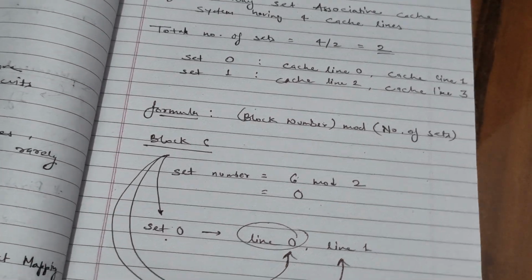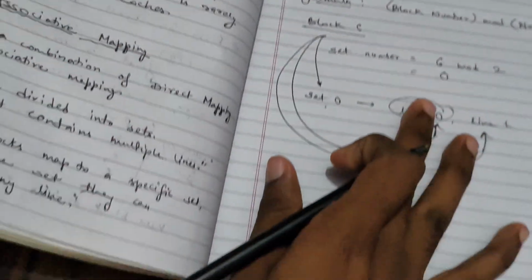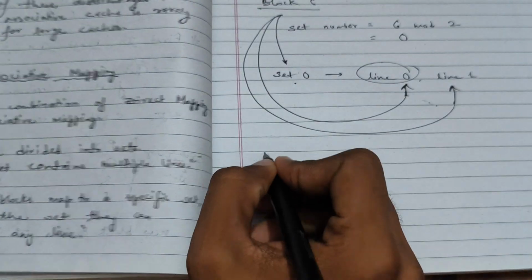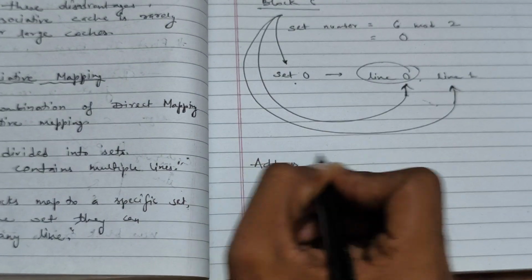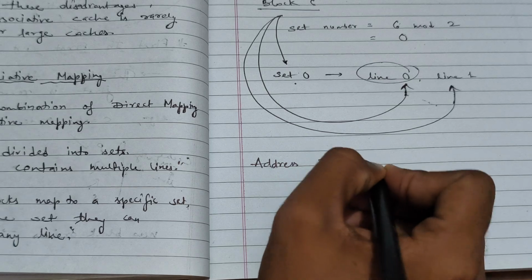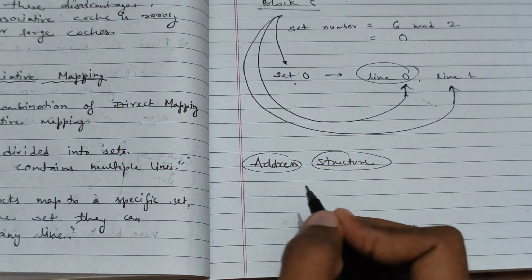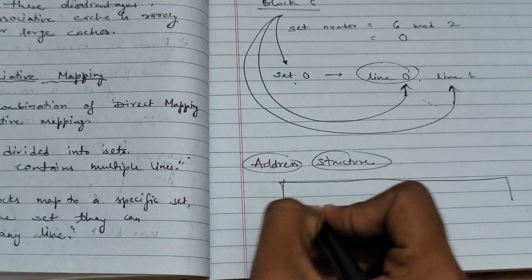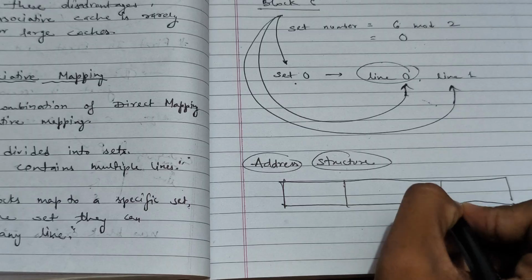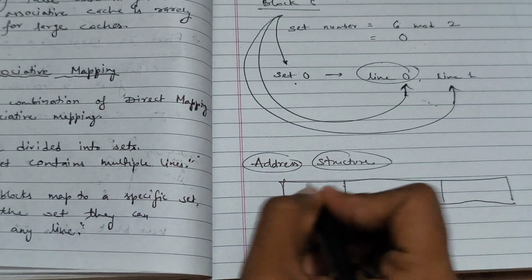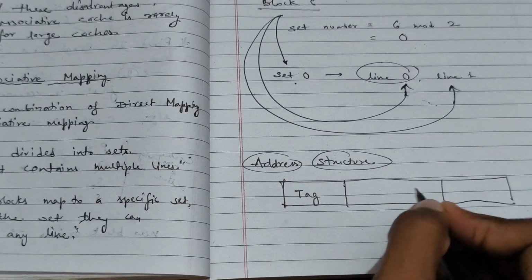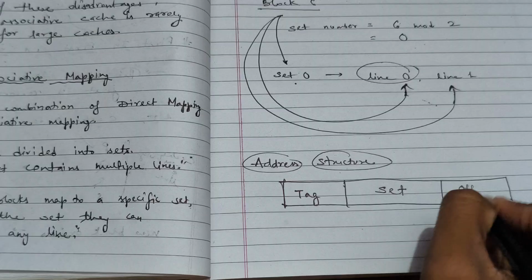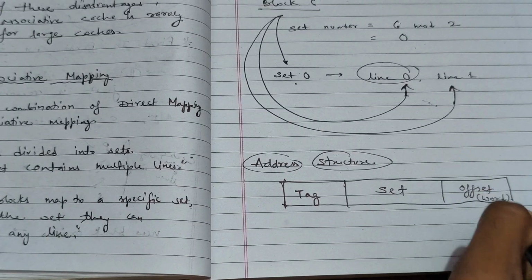Now let us study the address structure for set associative mapping. There is nothing much different from direct mapping. What comes new is our concept of sets. First of all, we have a tag, then instead of line we have a set, and then the offset or word.